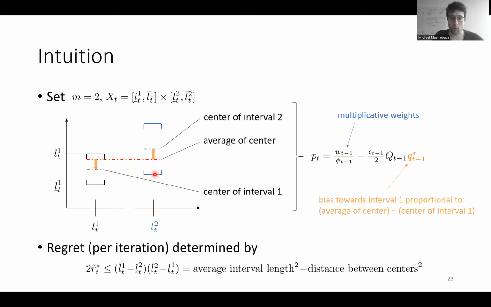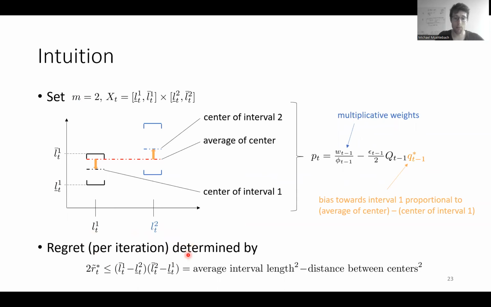The way this algorithm works is that it looks at the center of each of these intervals, the center of interval 2, the center of interval 1, and it also computes the average of the centers. Then you look at the difference between the center of interval 1 and the average of the centers, and you modify the probability distribution accordingly. So in this example, you would bias the probability distribution towards option 1, because option 1 has a lower loss.